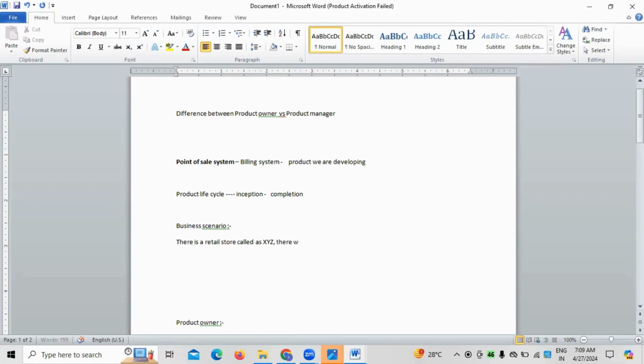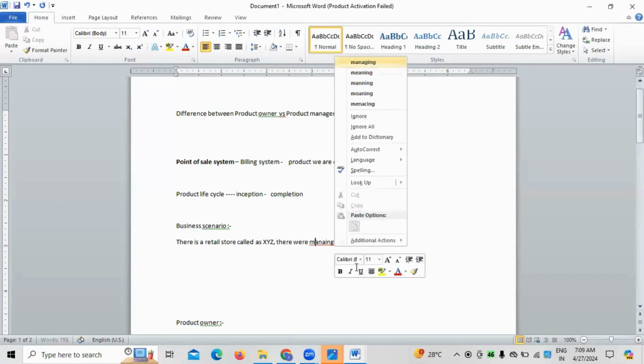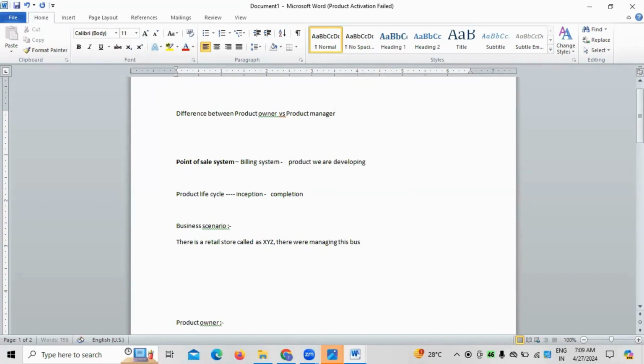They were managing this business for the last 20 years in a particular location.